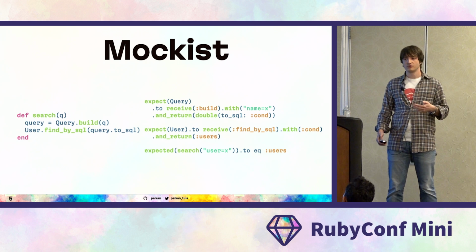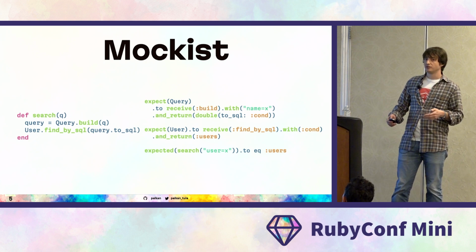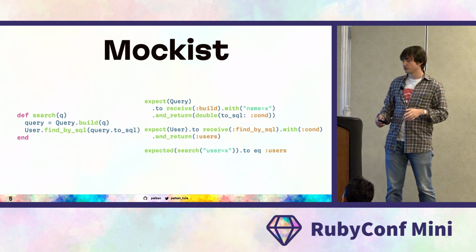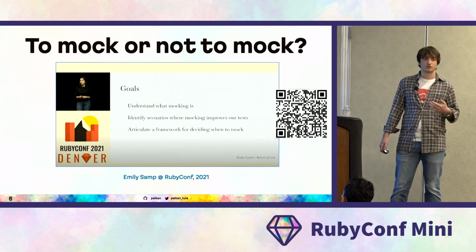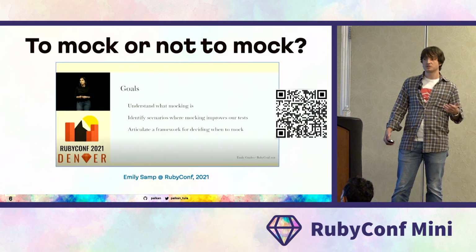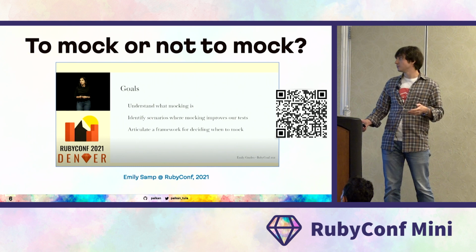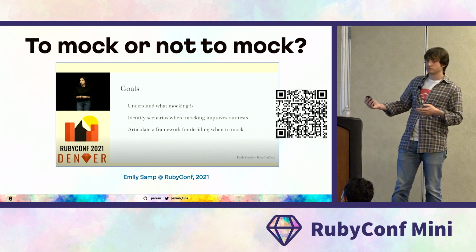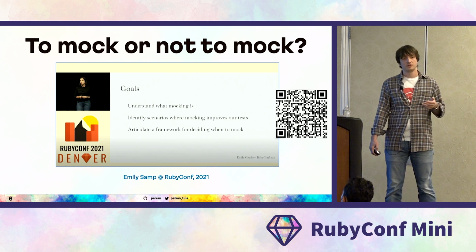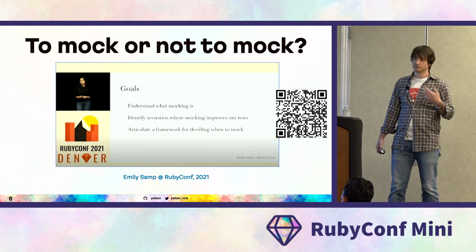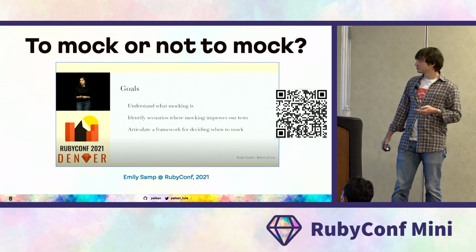I'm not going to argue which one to use, and that's not the topic of this talk. Luckily, we have great resources and talks on this topic, whether to mock or not. And one particular talk I would like to recommend to check out is To Mock or Not to Mock by Emily Sam from last year's RubyConf.